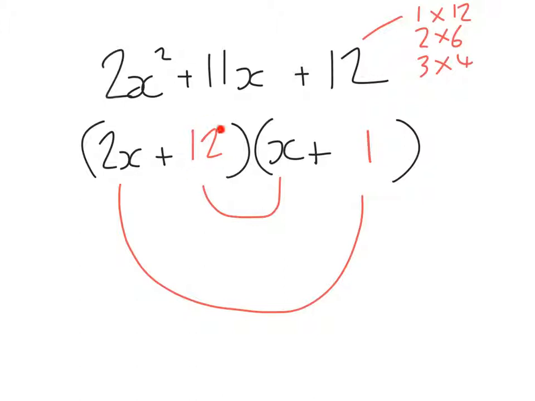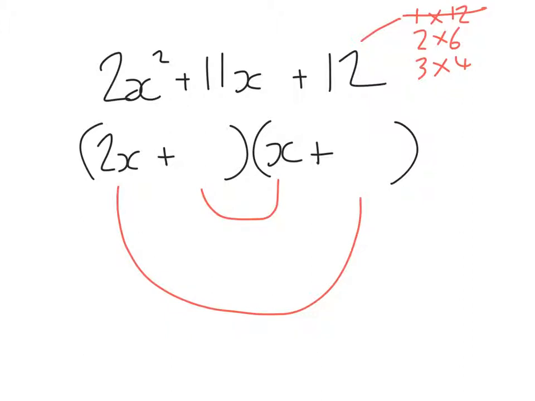Okay, so now I have 12 in the first bracket and 1 in the second bracket. 12 times x is going to be 12x, and 2x times 1 is going to be 2x. Now 12x plus 2x does not give me 11x. So 1 times 12 is not going to work out at all.